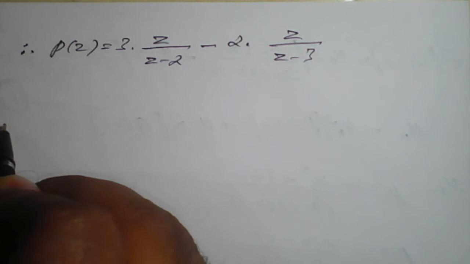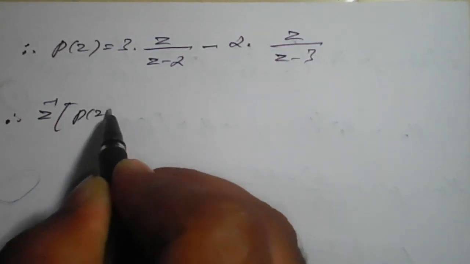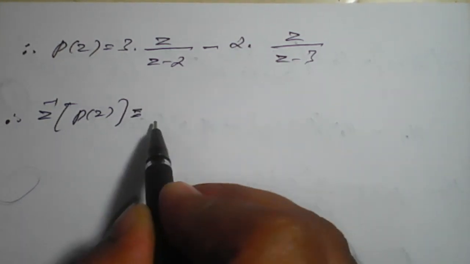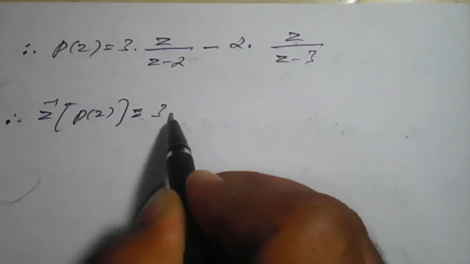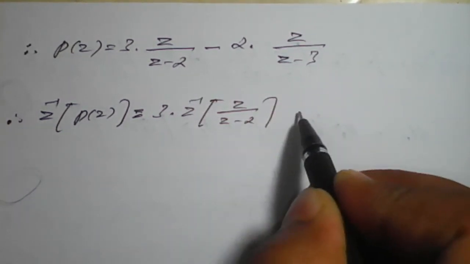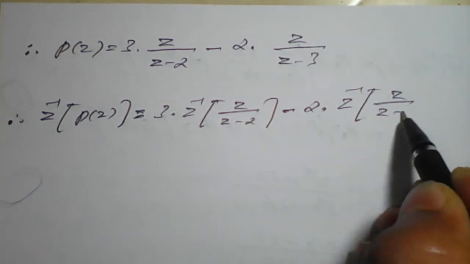Therefore Z inverse of P(z) is equal to 3 times Z inverse of z by (z minus 2) minus 2 times Z inverse of z by (z minus 3).